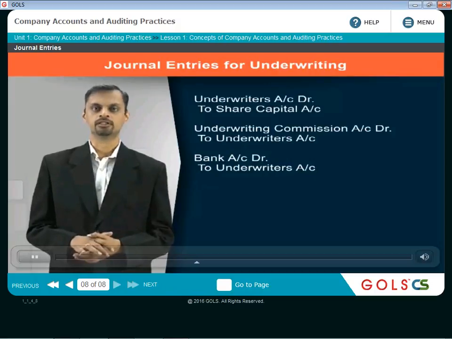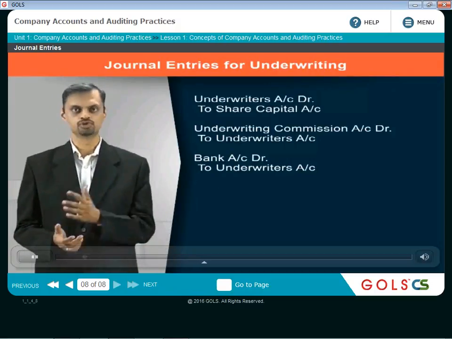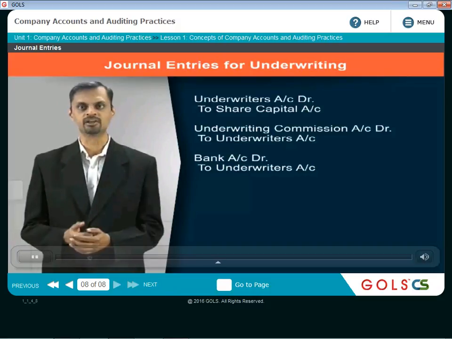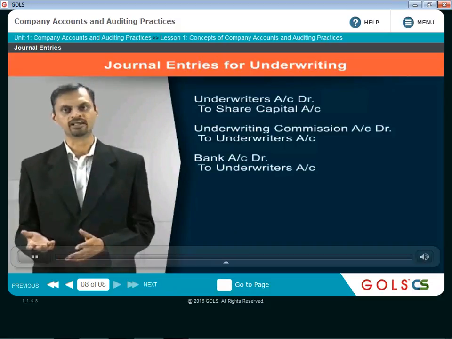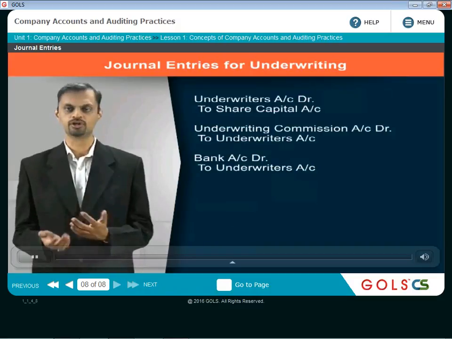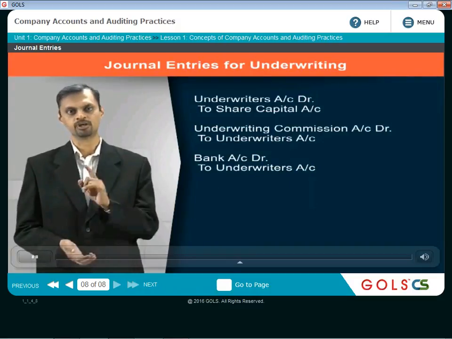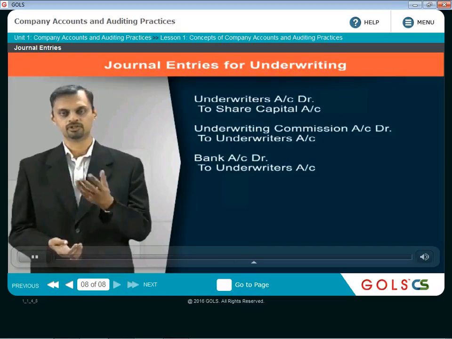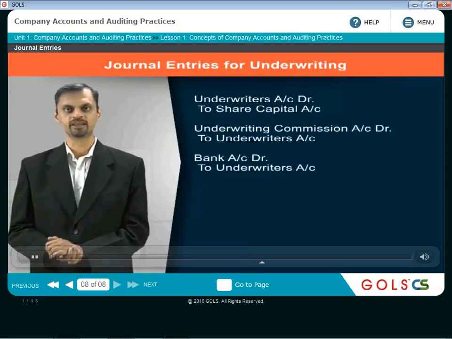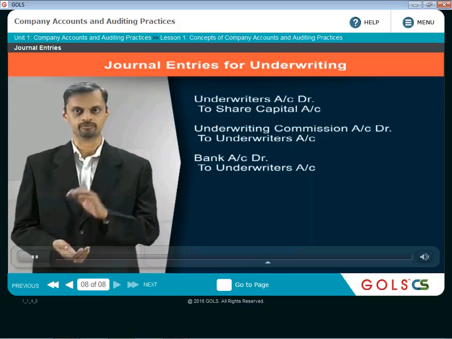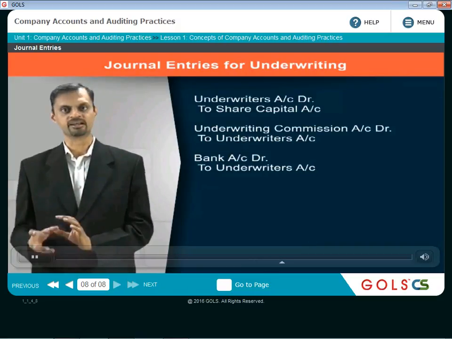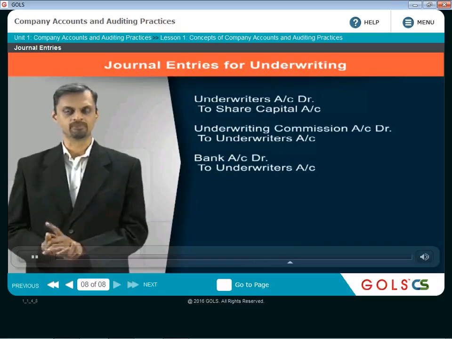Now on the whole issue, commission is due to the underwriters. So commission is an expense for the company. So underwriting commission account debit to underwriters account because it is due to the underwriters. Suppose the underwriting commission is 1 rupee and the value of the shares to be taken up by the underwriters was 5. So in the first entry, you debited underwriters account by 5. In the second entry, you are crediting underwriters account by 1 for the commission.